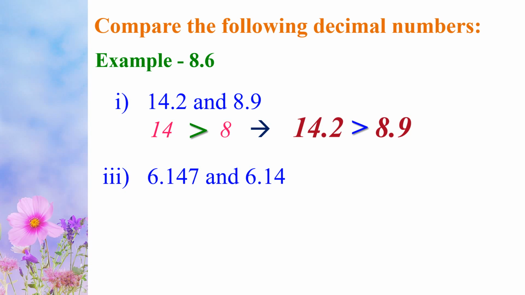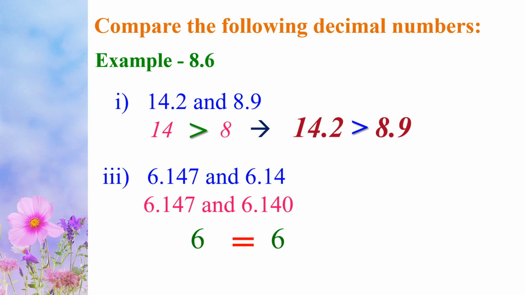Therefore, the like decimals are 6.147 and 6.140. First compare the whole number part. Here the whole number parts are 6 and 6. So the whole number parts are the same, that is 6 equals 6.